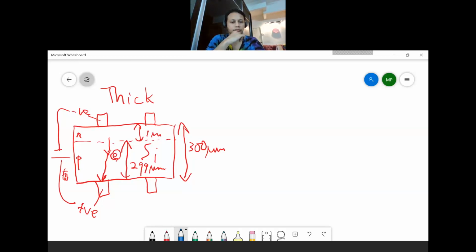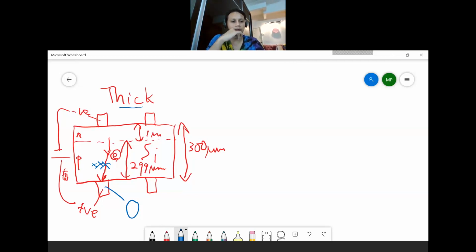So if the electron doesn't make it to the contact, maksudnya dia akan recombine kat sini, dia mati kat sini. That means gone here. Electron is gone here, mati. So you will not get anything at the contact. You'll get 0. So nothing reaches the contact because the electrons have already recombined in the p-type region, and that's it. So in this case, it's considered as a thick diode.